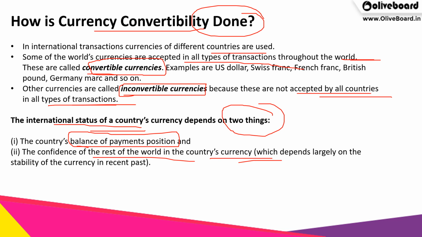Second, this depends on the stability of the currency in the past. If a currency has been stable due to the economic stability of the country, the other countries will have confidence in us and the status of our currency will also be good.